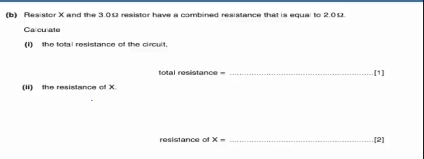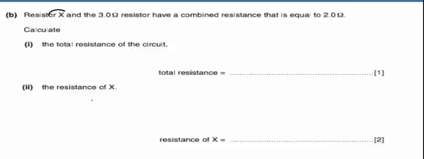Let's see the next one. Question B reads, resistor X and the 3.0 ohms resistor have a combined resistance that is equal to 2.0 ohms. Calculate the total resistance of the circuit.